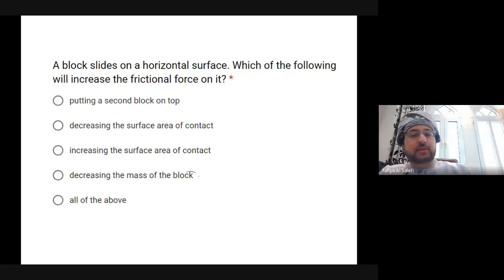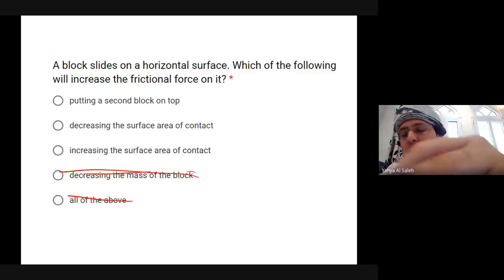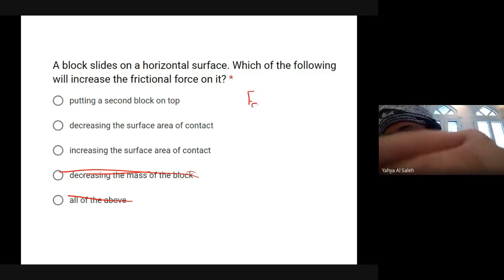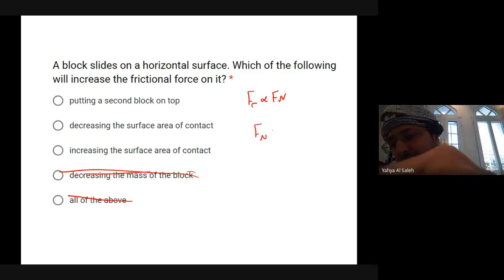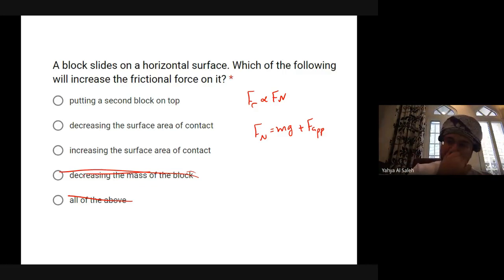So we all agree this is not possible, and we all agree this is not possible. So we said friction is proportional to Fn, right? And we said Fn equals mg plus whatever extra force we applied.